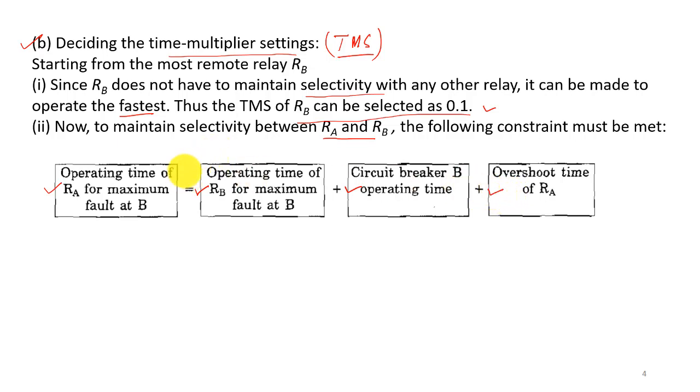So that will be the operating time of relay RA for maximum fault current at bus B.